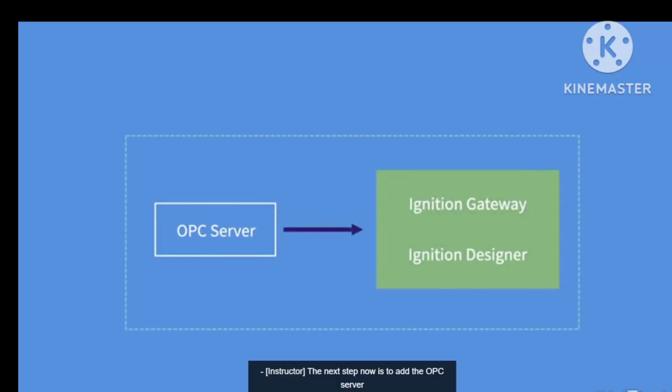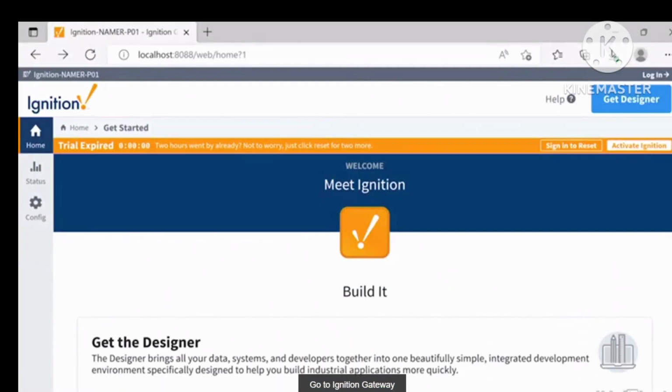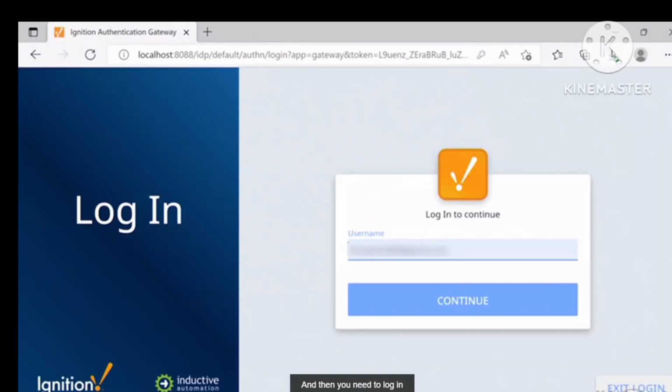The next step now is to add the OPC server to Ignition software. First, by adding the OPC server into Ignition Gateway. Go to Ignition Gateway by typing localhost:8088 in your browser. Then click on Sign in to reset, and then you need to log in using the credentials you chose in Chapter 3.